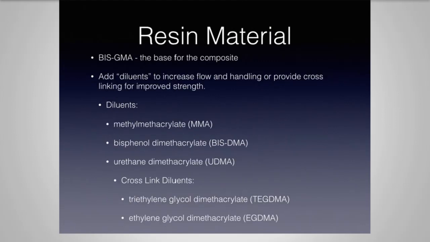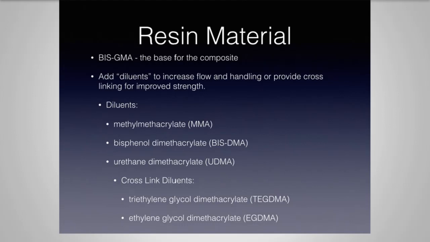Let's look at the resin material itself. Of course, this bis-GMA, which is the base for the composite materials that we use. And in the overall chemistry, the scientists and the manufacturers are adding these diluents to increase the flow and handling and provide a cross-linkage for improved strength in the material.